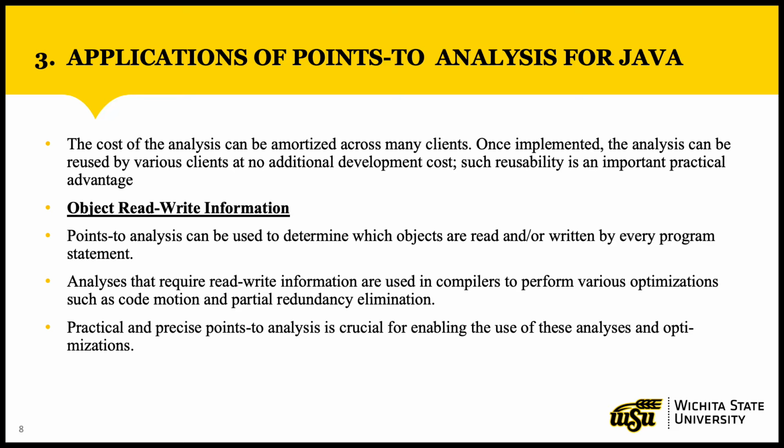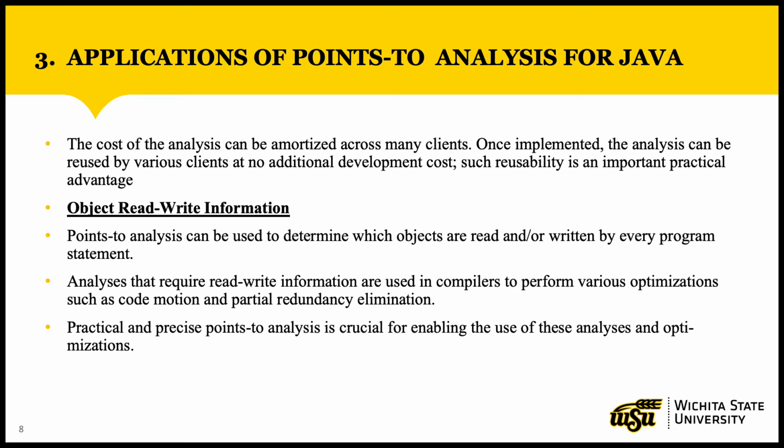Here in this session, we are discussing different types of analysis for Java, like object read-write information, for example. The points-to analysis can be used to determine which objects can read or write a given program statement. That is the major advantage, and this information is a prerequisite for a variety of other analyses.